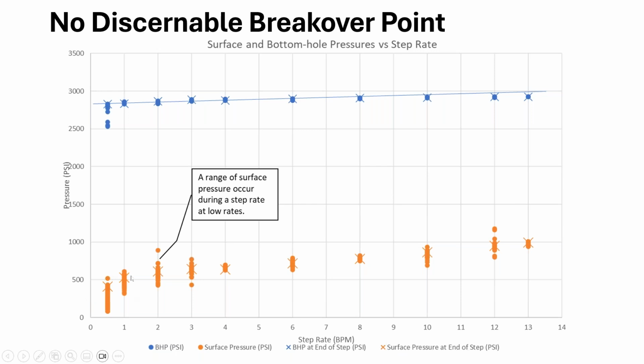As you can see, there's a large variation in the step rate pressure on the surface pressure, but you don't see that going on in your bottom hole pressure. The only instance of a large variation in pressures is on your initial step, and that is due to the density effect, the change in viscosity of the fluid, or the change in temperature.